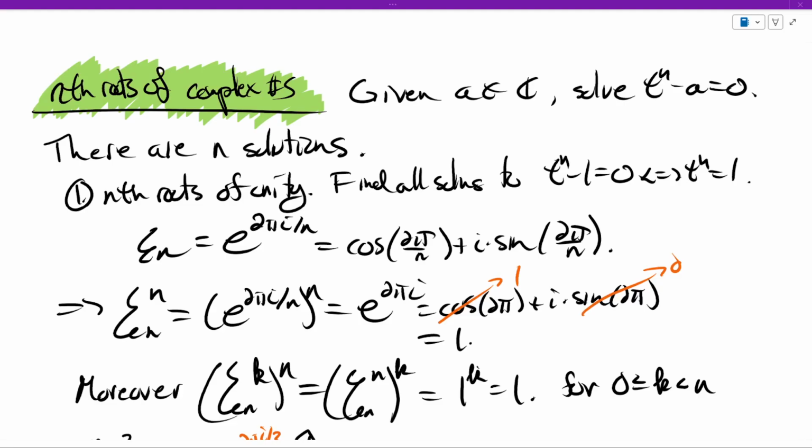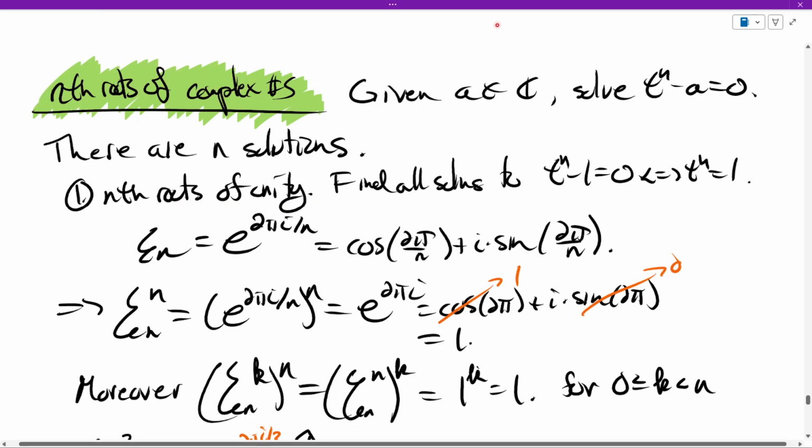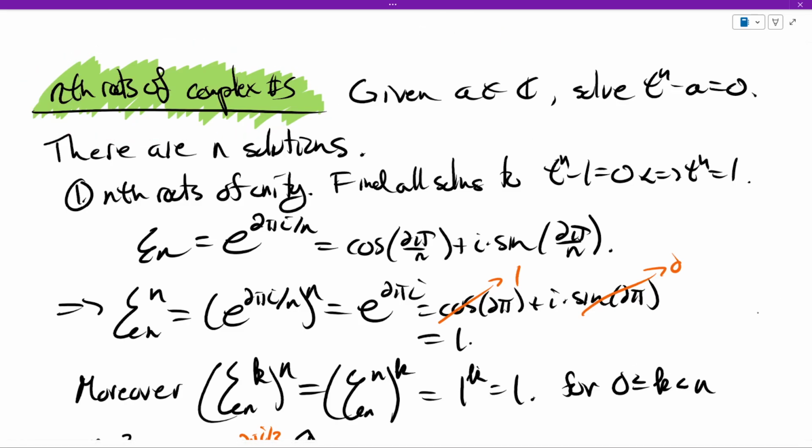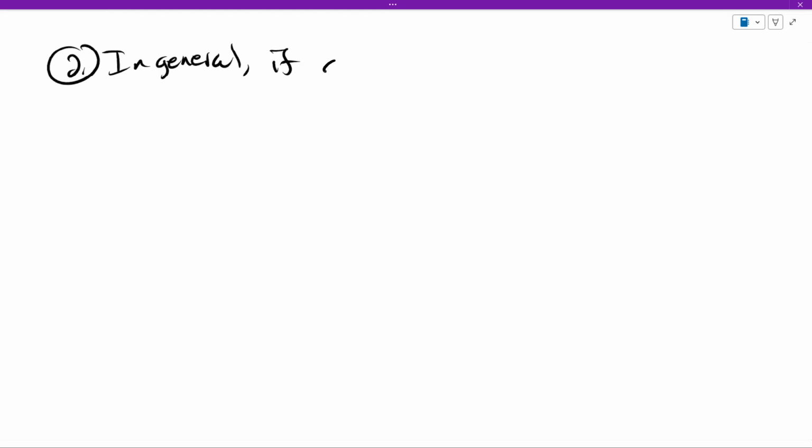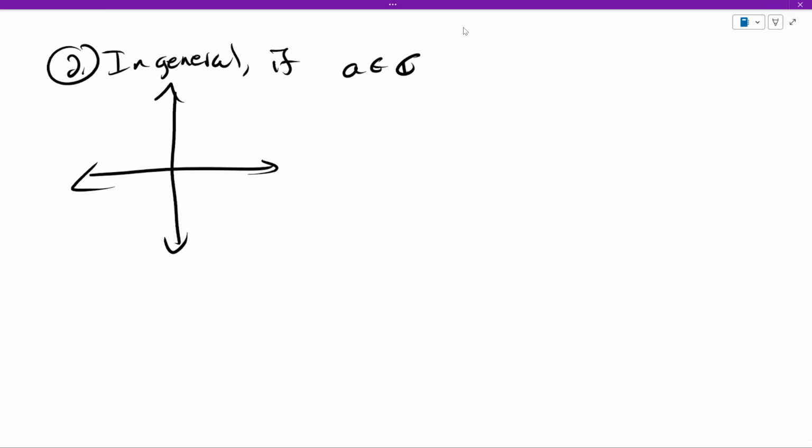All right, so we just spent quite a bit of time working on how to take nth roots of 1. And now we're going to return to looking at nth roots of general complex numbers. So in general now, if you have some complex number a, which is in C, then if you were to draw it, a is somewhere here.